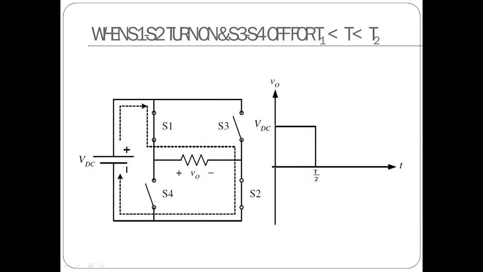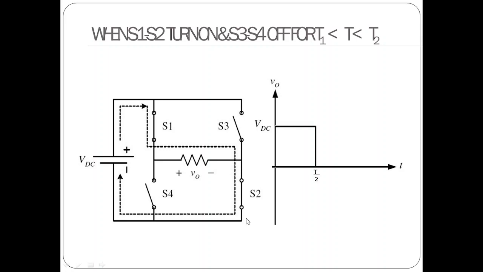So here we have completed the circuit, because S3 and S4 are open circuits, and therefore the supply will not be there through S3 and S4, and only the supply will be through S1, the resistor, and S2.